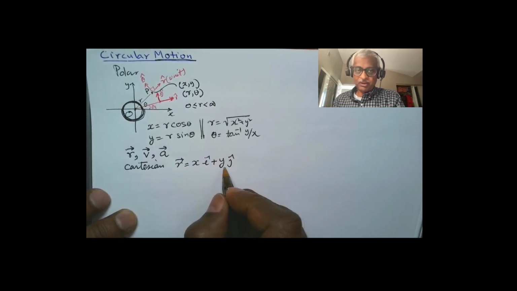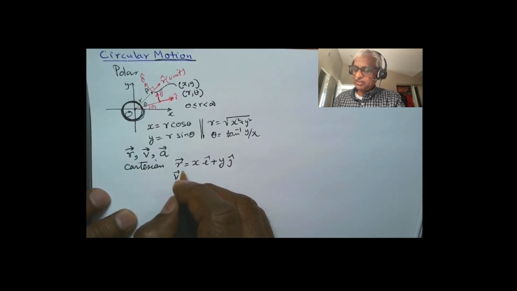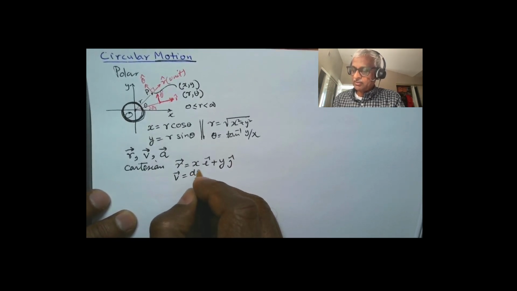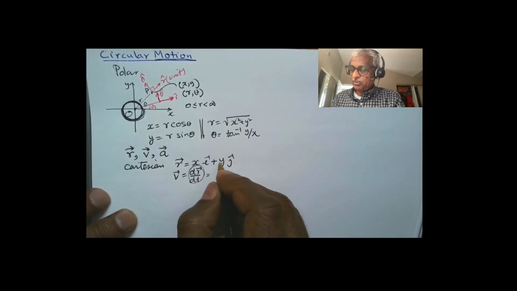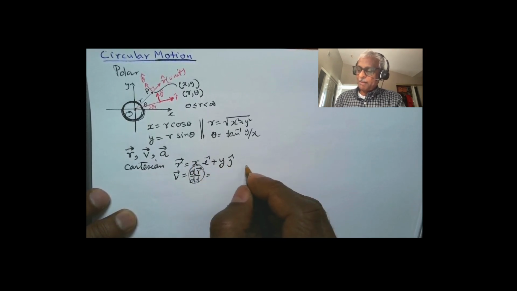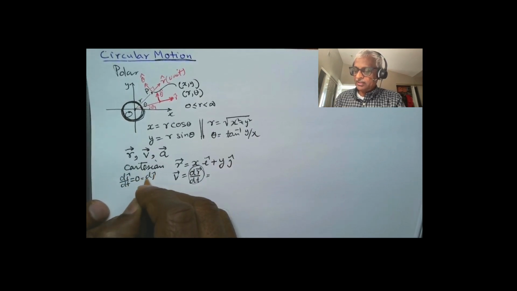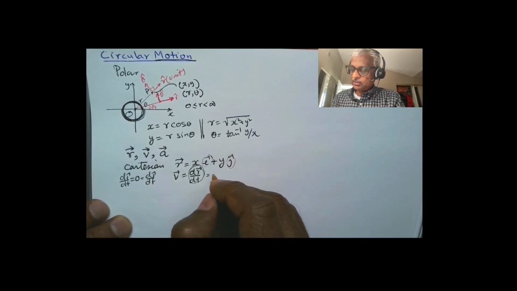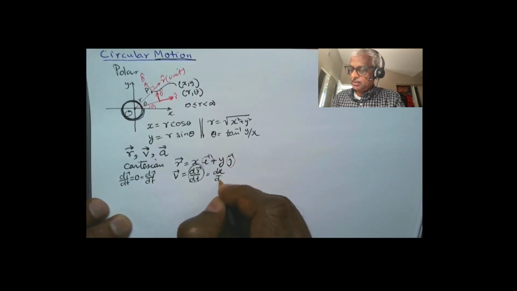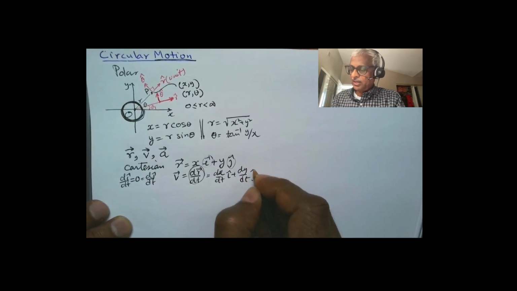This is a vector way of writing it, and the velocity vector is basically the time derivative of this. If you take the time derivative, di hat dt and dj hat dt will be 0, because these are constants, so you get dx dt i hat plus dy dt j hat.